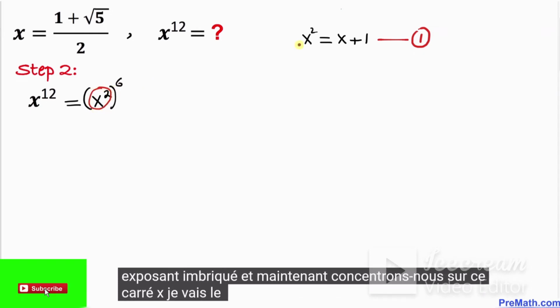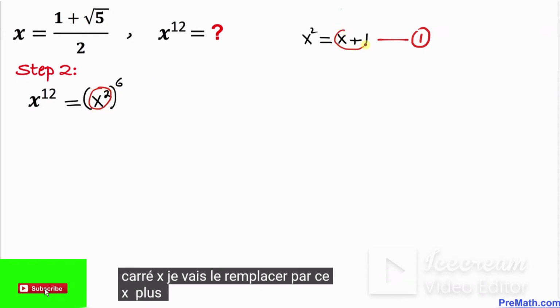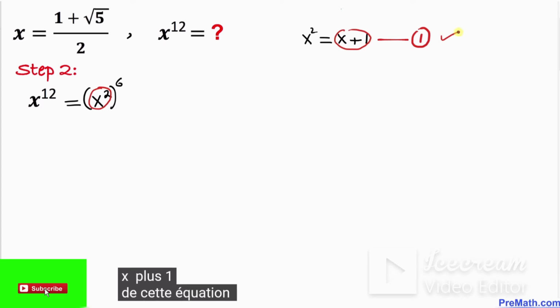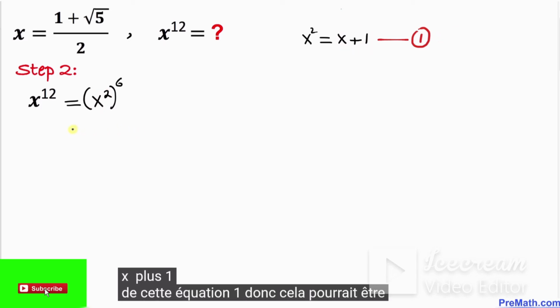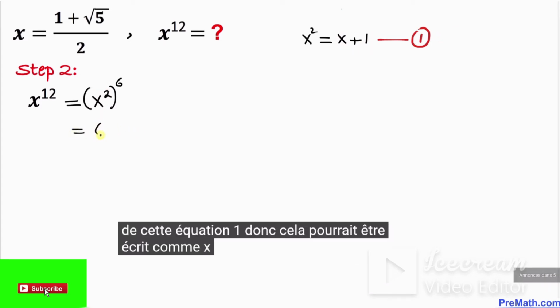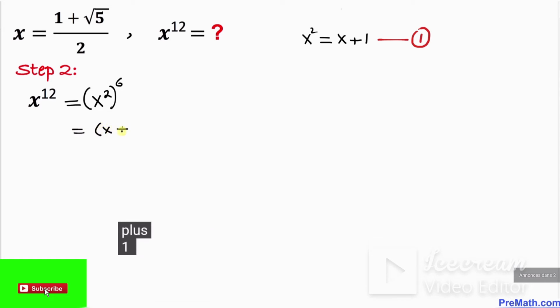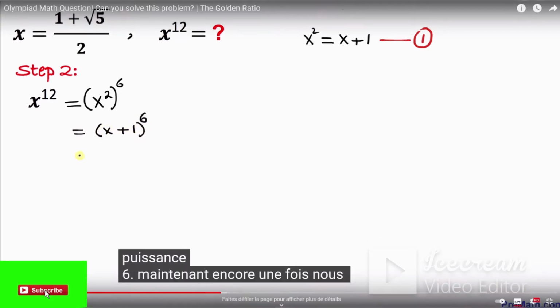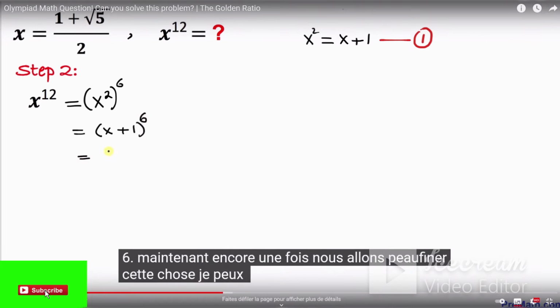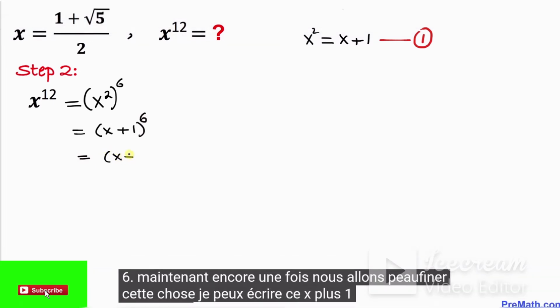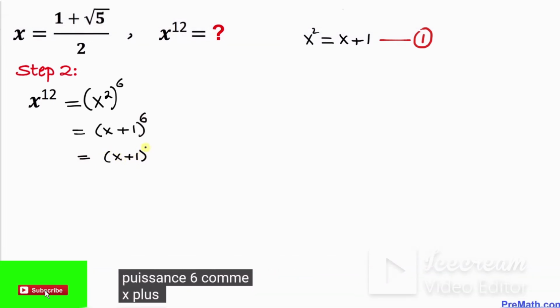I am going to replace it by x plus 1 from equation 1. So this could be written as x plus 1 and then power 6. We are going to tweak this thing. I can write this x plus 1 power 6 as (x plus 1) square and then power 3.